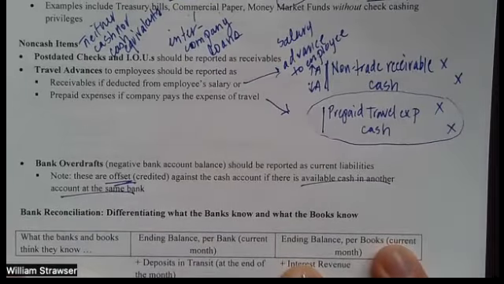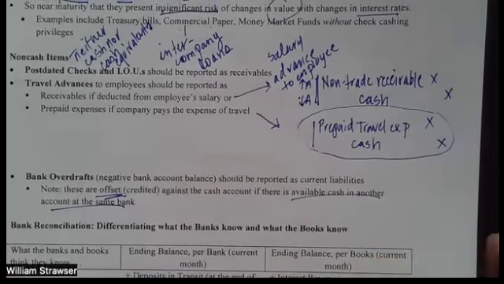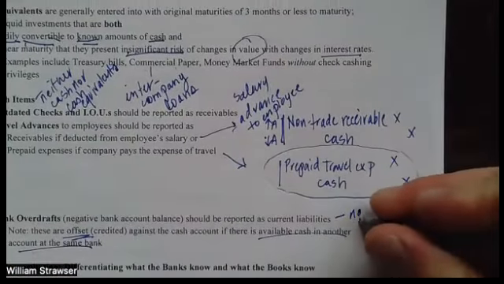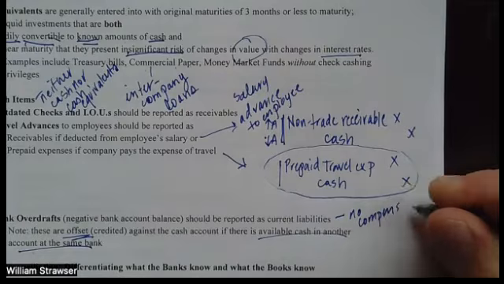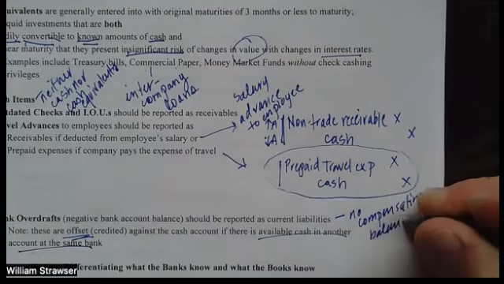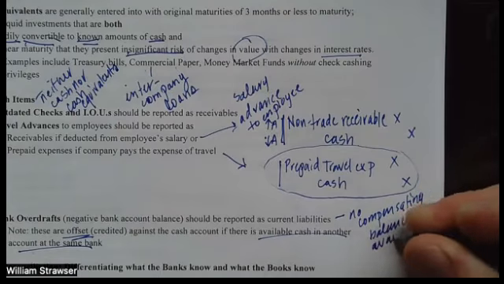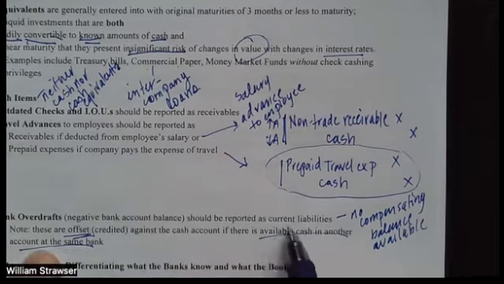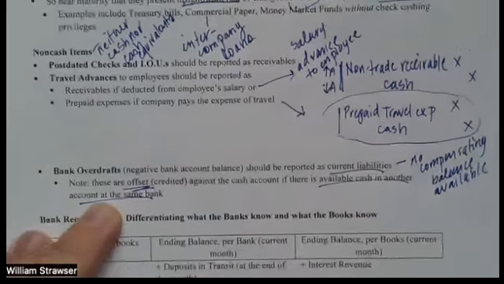But if you write a check and there's no compensating balance available, then you have a current liability.